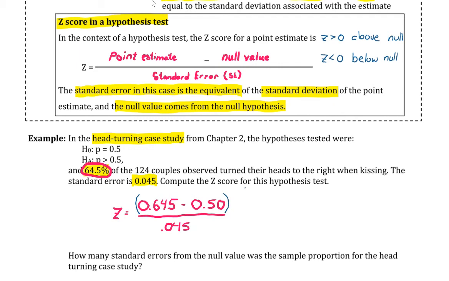Since all of our calculators are probably different, please verify that you get the same value as me. I think you should get approximately 3.22, where I've chosen to round to the second decimal place.